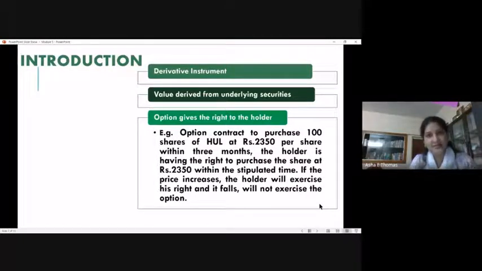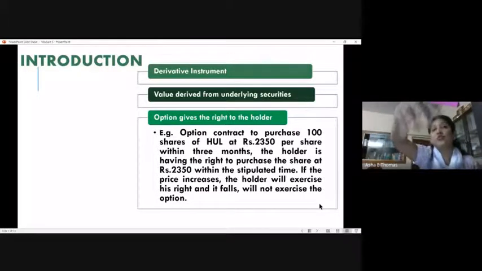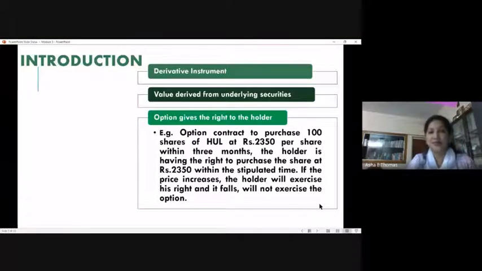Actually, the price trading in the market is 2,250, but you can sell your asset at 2,350 based on the right you got through your option. So you have a 100 rupee gain, and that gain will be transferred to you by the person in the short position.